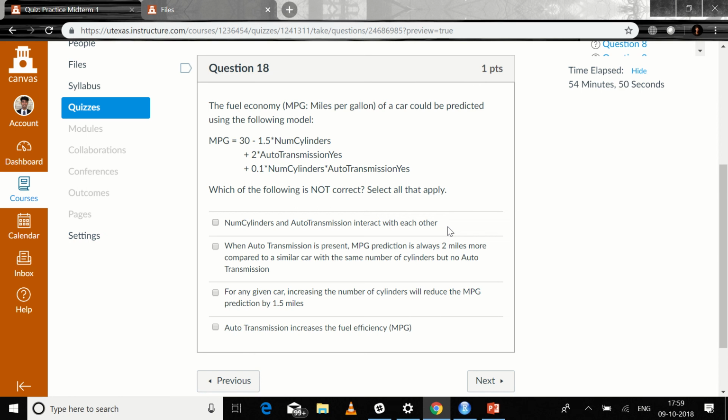So it's not always just 2 miles more. You have to account for this interaction term as well. You need to look for that one keyword that makes the answer wrong. If this question was worded "at least 2 miles more," would that be correct? Yeah. Understand the logic?